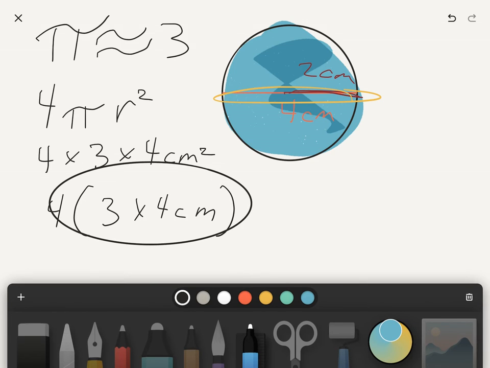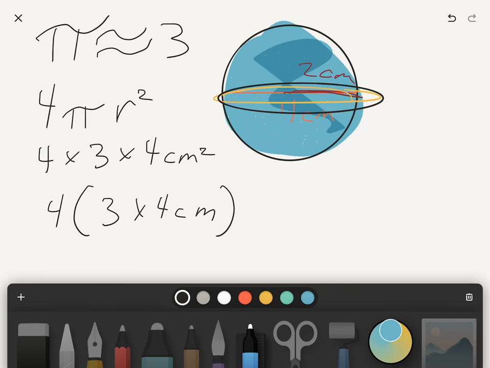So this is the area of this. And then the formula here is 4 times the surface area of that imaginary flat circle at the center of the sphere. 4 times that is the surface area of the outside of the sphere.